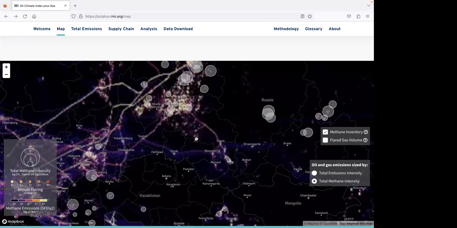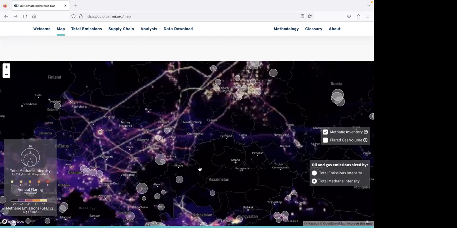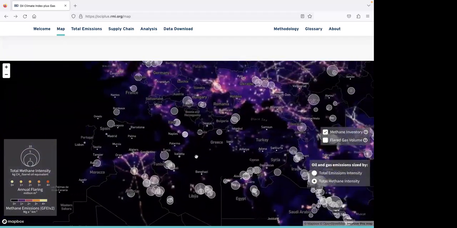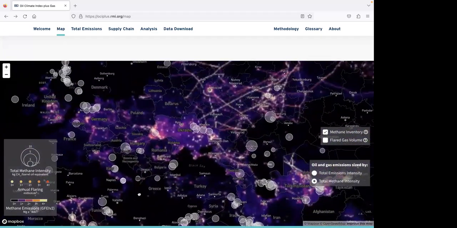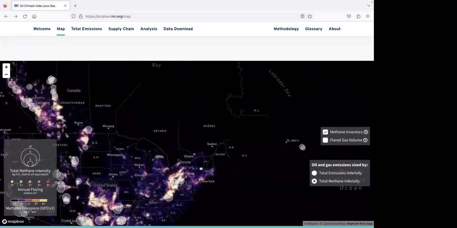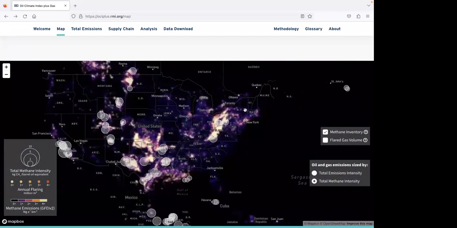We will update this base map with satellite data from Carbon Mapper when they become available. Methane superemitters are already being observed by satellites in Algeria, Turkmenistan, Russia, and the US. These elevated methane emissions are included in our OCI Plus assessment.